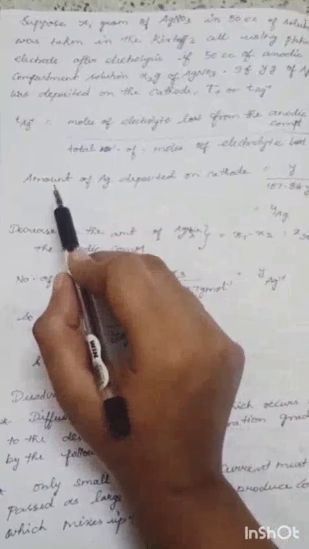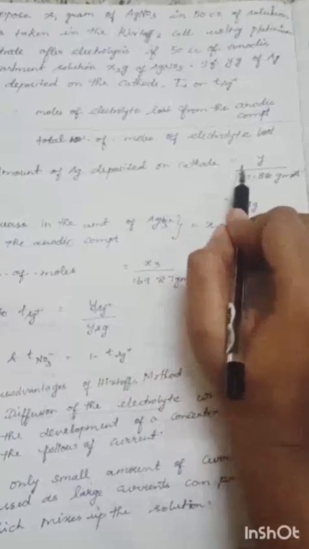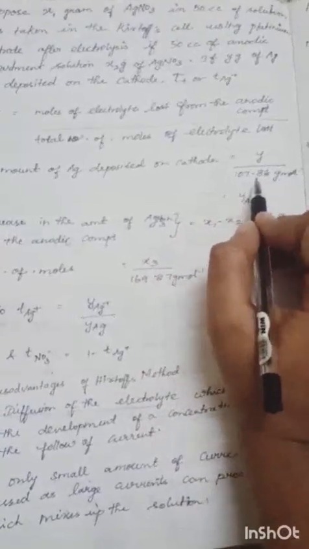The amount of Ag deposited on the cathode equals y by 107.88 gram mole per minus 1.